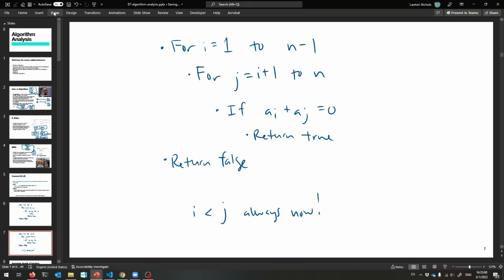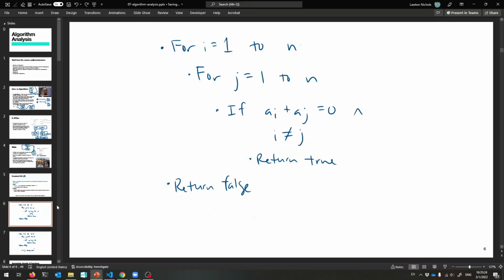And that is still going to cover all the possibilities, just in a very interesting way. Okay? So for example, before we were doing this, we were testing A1 and A3. Hey, is that 0? Maybe I should write this on the previous slide. Before, we were testing like A1 plus A3. Hey, is that equal to 0? Then we were also testing A3 plus A1. Hey, is that also equal to 0? That is duplicated work, right?